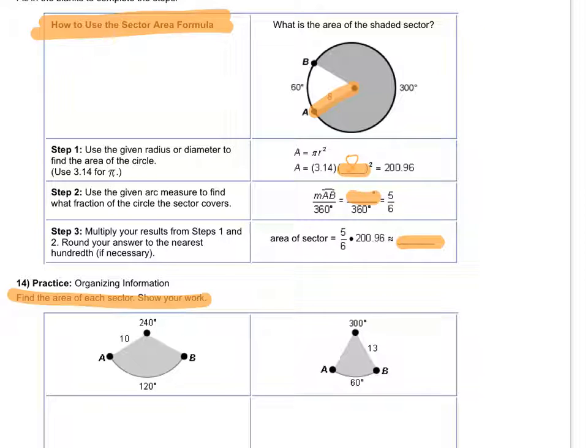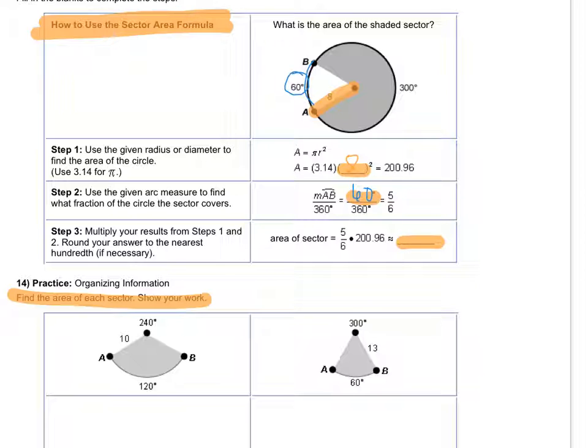Step 2 says use the given arc measure to find what fraction of the circle the sector covers. So here we go. Right in here, you see that the angle, or the central angle, or the arc measure, is going to be 60 degrees. So it's 60 over 360.